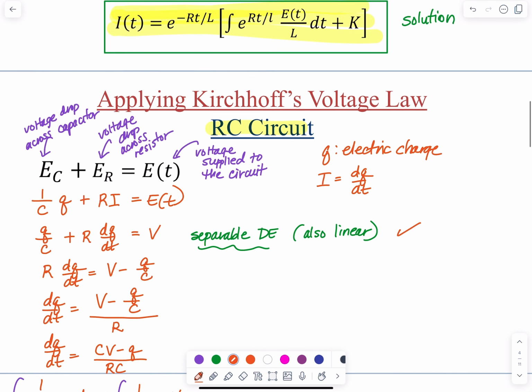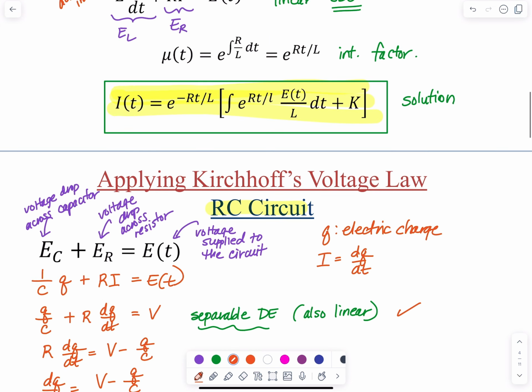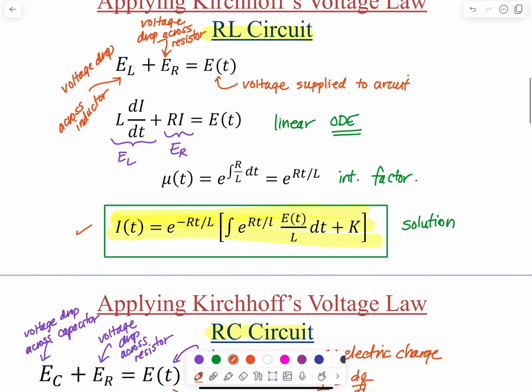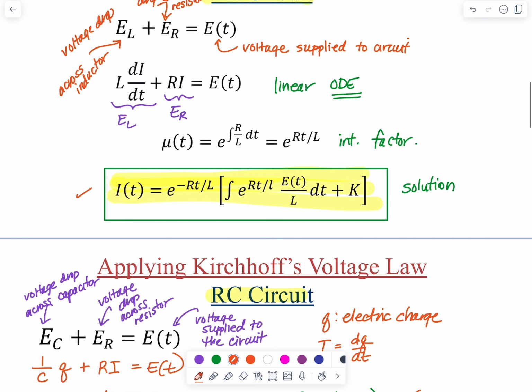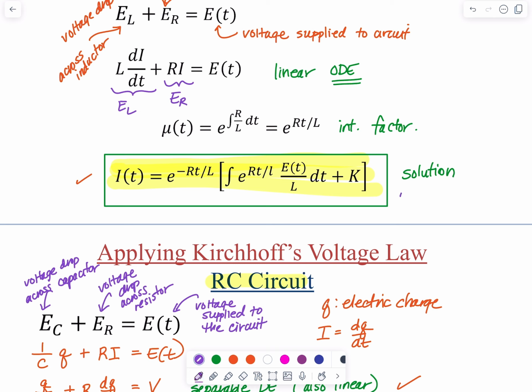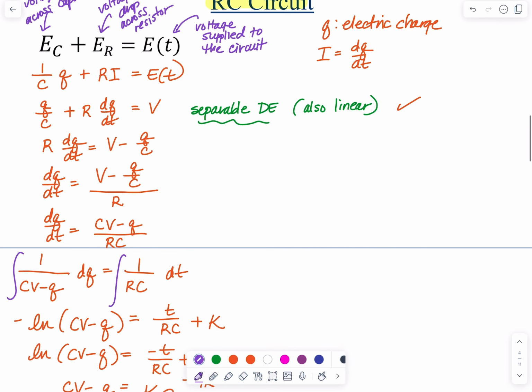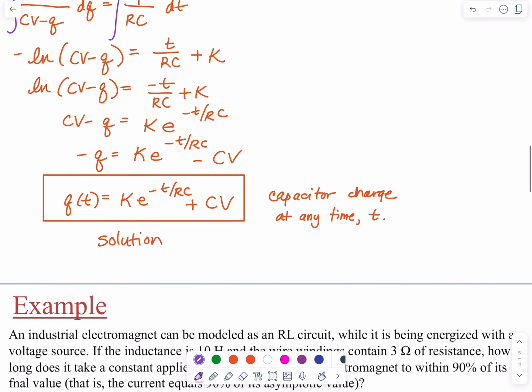And that's for our RC circuit. And we will be using this solution, I of t, for our RL circuit. And that gives us the current at any time t.